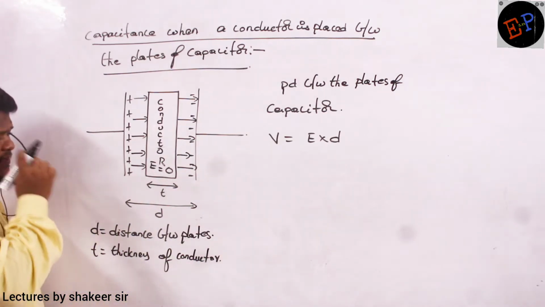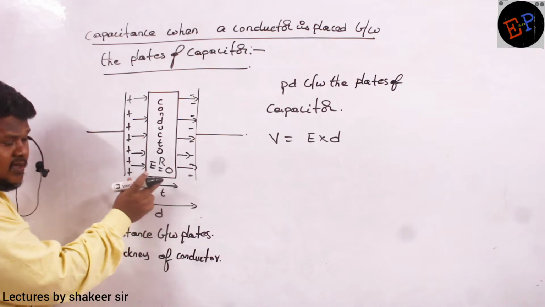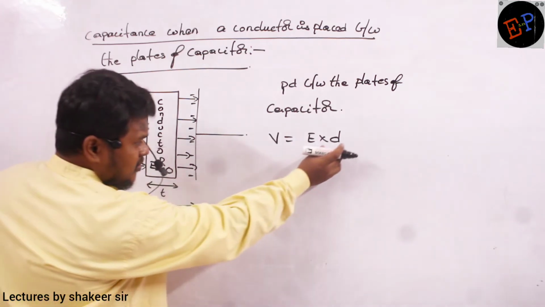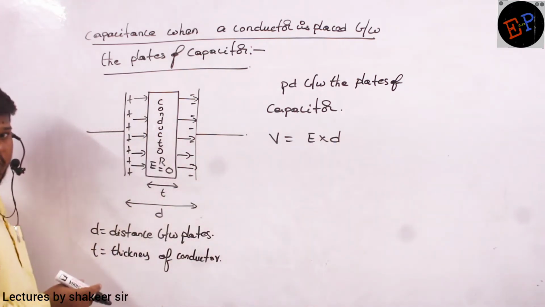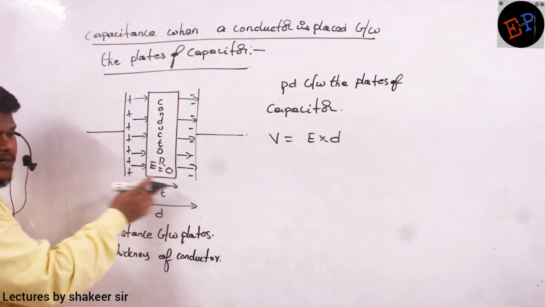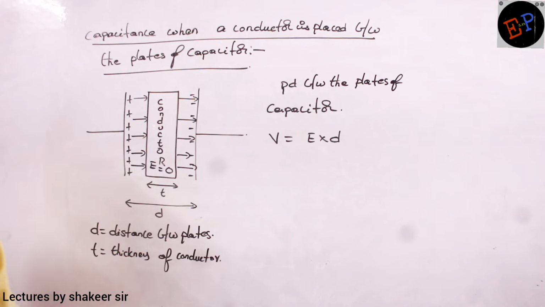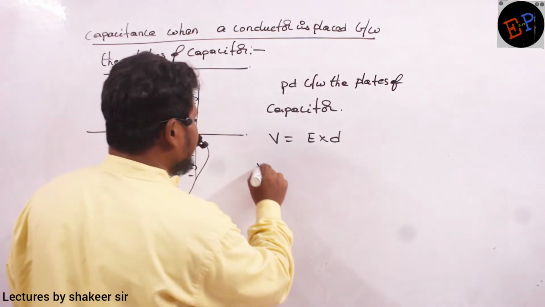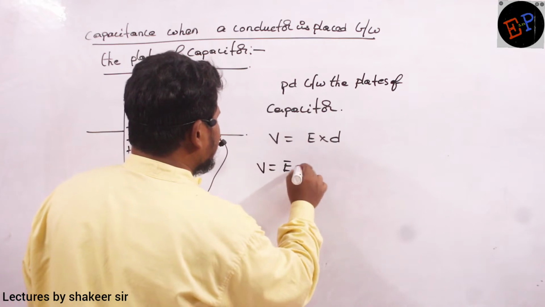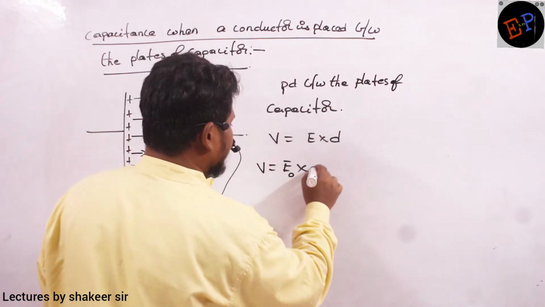But if you see here, electric field is present in how much length? D is called length only, no? Distance only, no? So electric field is present in how much distance between two plates of the capacitor? Huh? D minus T. So therefore I will write V is equal to E naught into D minus T.